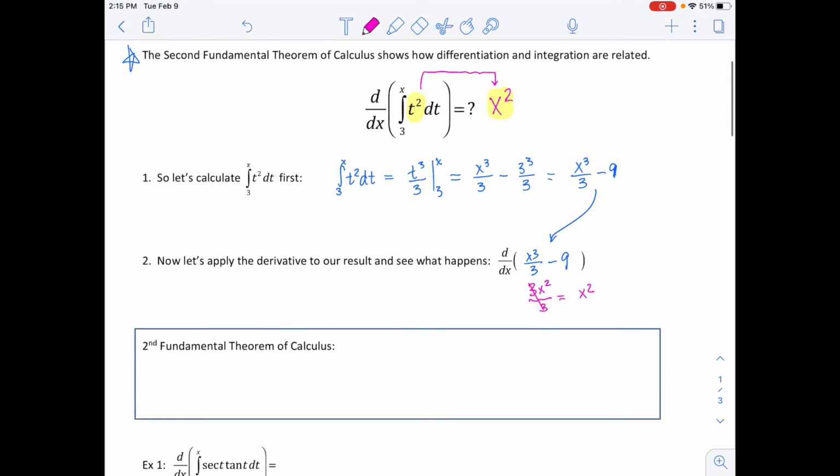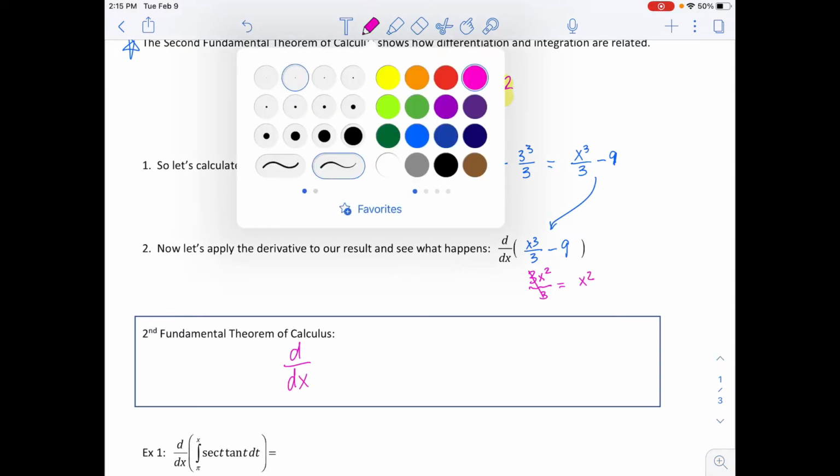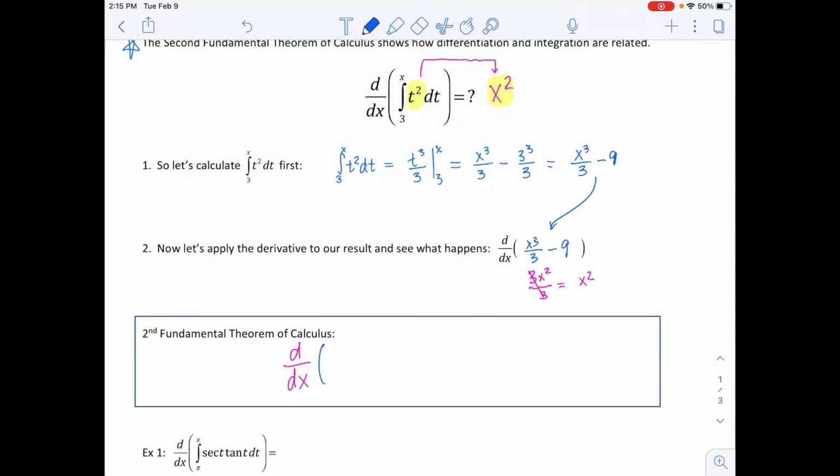So if we look down here, the official way that we would write the second fundamental theorem of calculus is that anytime we're asked to differentiate an integral from any constant to an upper limit that is the variable x, that is really important, because that played a role in transitioning the integrand from t squared to x squared.